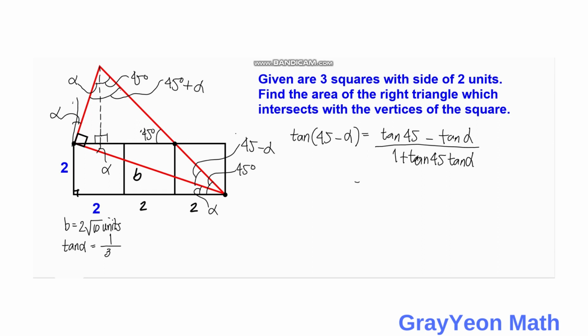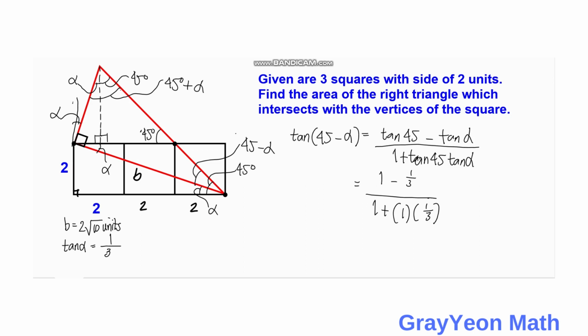And tangent 45 is actually equal to 1. And tangent alpha, earlier, is 1/3. And 1 plus tangent 45 times tangent alpha is equal to 1 plus 1 times 1/3.